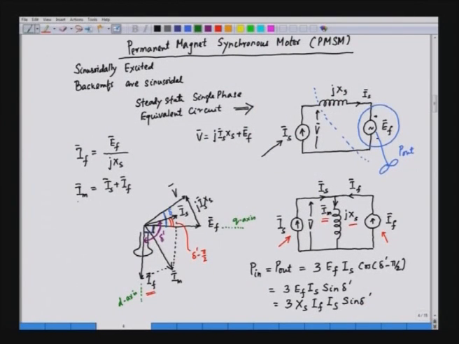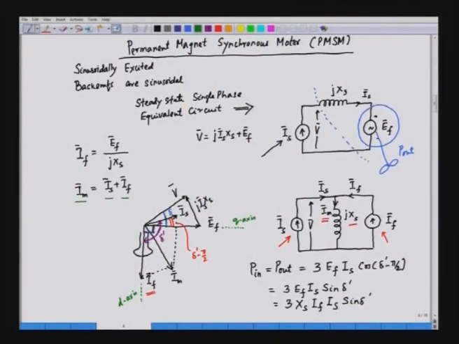So, Im, the magnetization current, is the phasor sum of Is and If, where Is is the stator current and If is the field current. This Im is responsible for the voltage in the armature. The voltage vector V is shifted from Im by pi by 2, so this angle is also pi by 2.